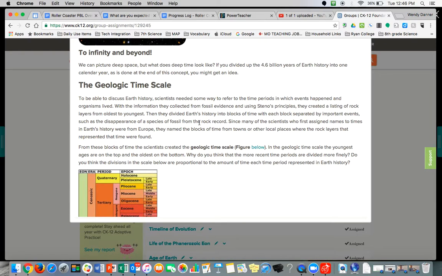They divided Earth's history into blocks of time, with each block separated by important events. So I'm going to put each chunk or block of time divided by important events. Now these important events aren't things like birthdays. These important events are events that are noticeable in the fossil record.